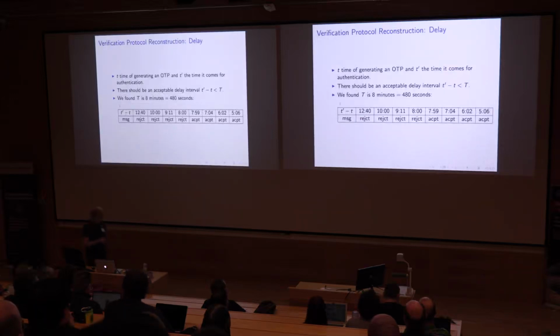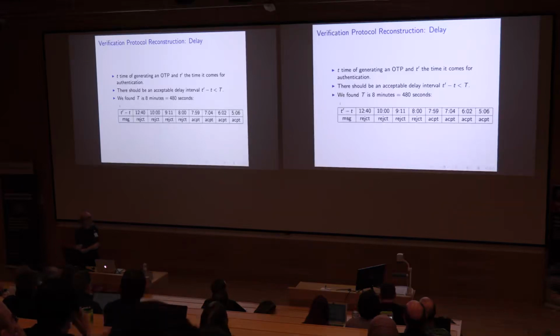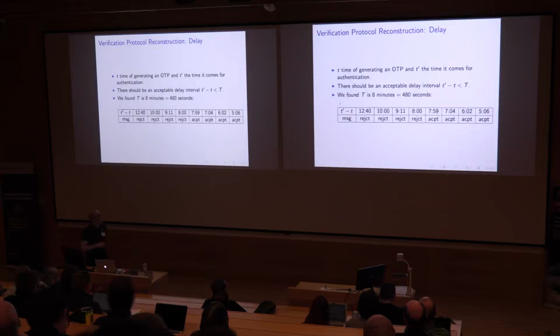Now, to describe the attack, I need a reconstruction of the verification protocol. One important thing for verification is handling delay. Assume that T is the time of generating the OTP, and T prime is the time it is counted for authentication. There should be some acceptable delay interval between these two times, and the length of this interval is denoted by big T. I found by experiment that it is exactly 8 minutes.